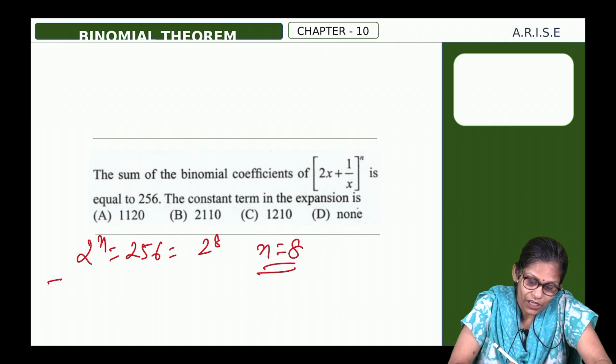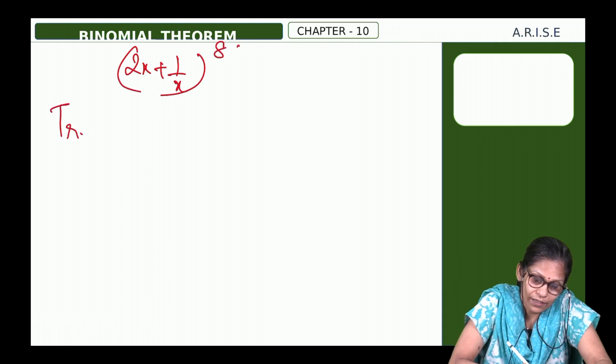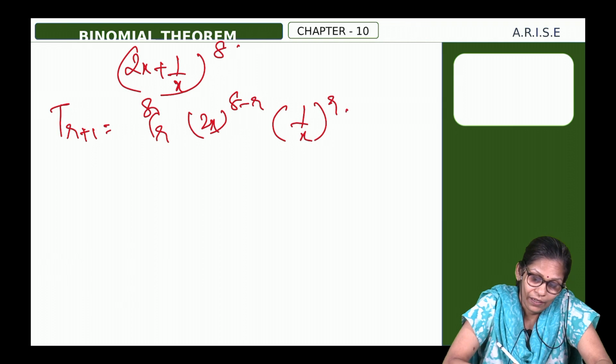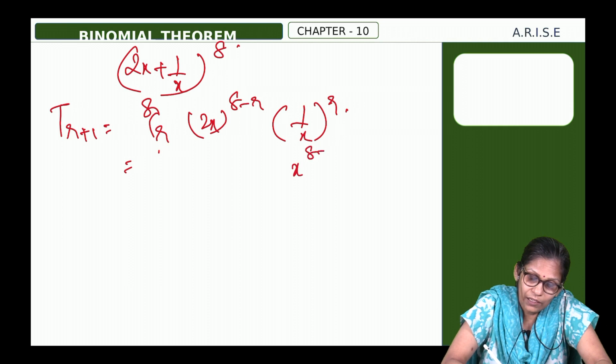So, what is the general term in this expansion now? The question is (2x plus 1 by x) the whole raised to 8. What is the general term? It is 8CR (2x) raised to 8 minus r (1 by x) the whole raised to r. So what is the term in x? It is x raised to 8 minus r divided by x raised to r.